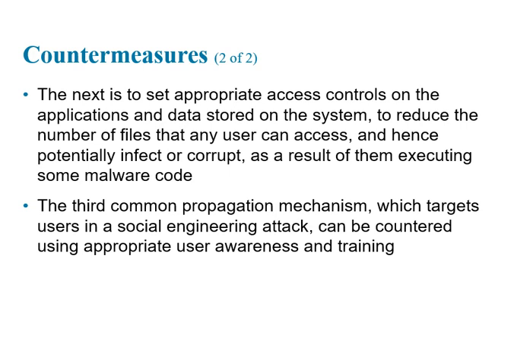Then next is to set the appropriate access control on the application and data stored on the system. So this is system level or application level. Access control in the operating system and in the application. Same thing as what we discussed earlier in network access control. I also gave you some exercise. If you still remember the AWS part, it's more on cloud access control.